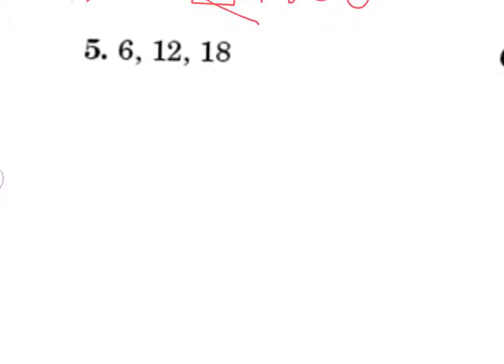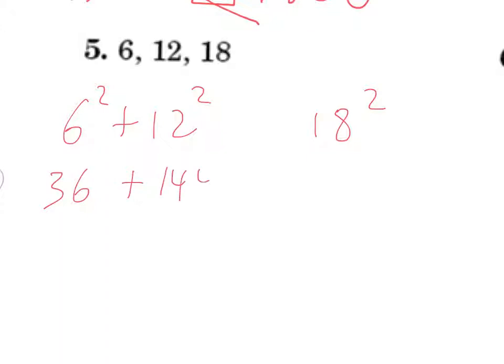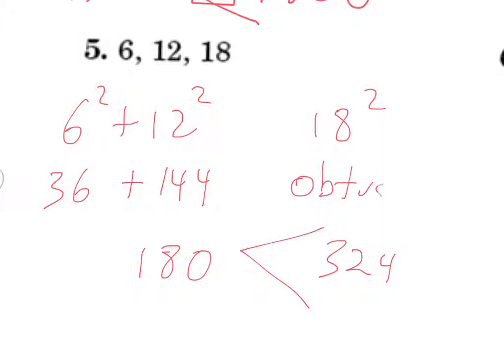Number 5, 6 squared plus 12 squared, and then we've got 18 squared. 6 squared is 36, 12 squared is 144. When I add those together, I get 180. 18 squared is 324. The hypotenuse is larger. It's an obtuse triangle.